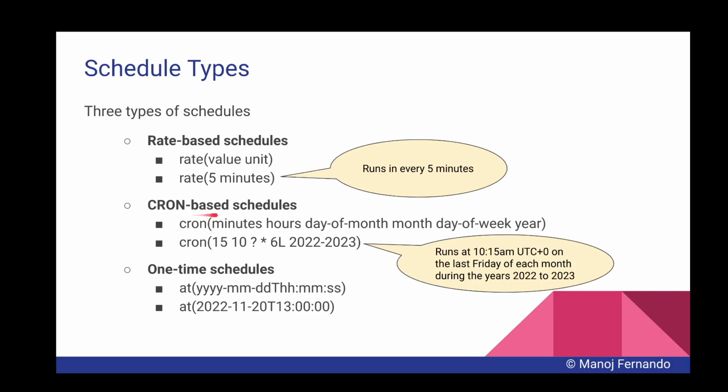We can also create a schedule based on a cron expression. Both rate-based and cron-based are recurring schedules. We can also do one-time schedules. When you are using a one-time schedule, you have to define the date and time in this manner, in UTC or any time zone that you specify. We already saw it in the AWS Console, so I'm moving on.